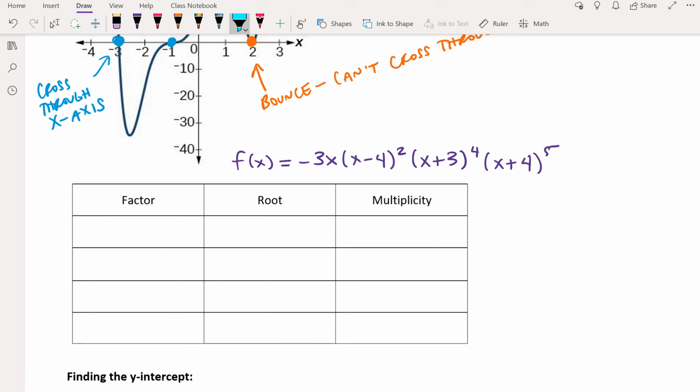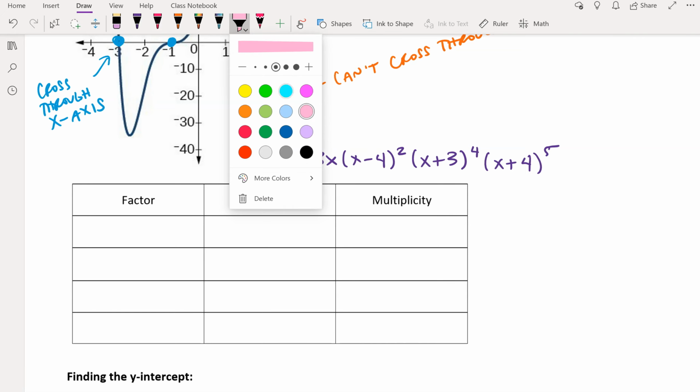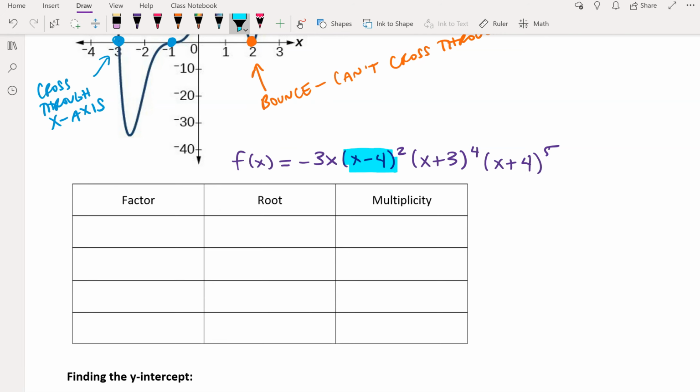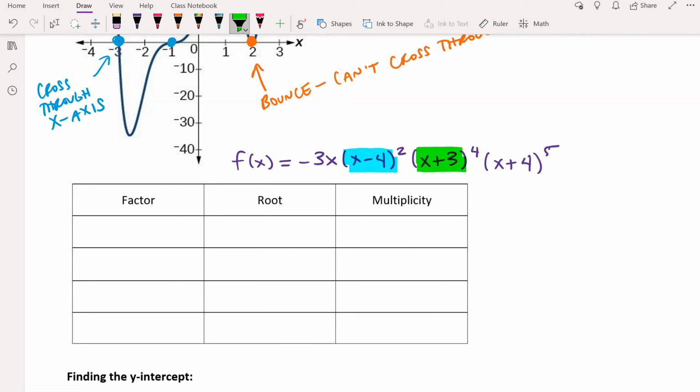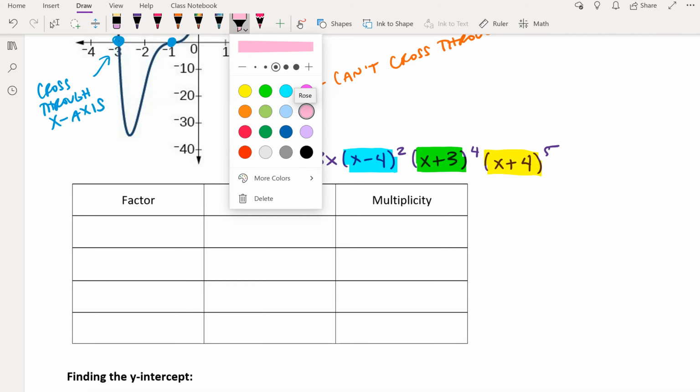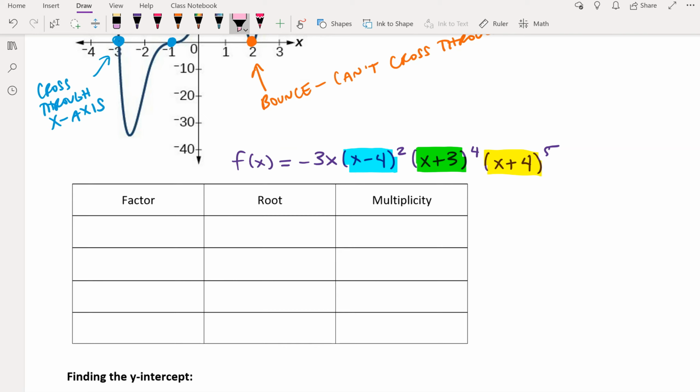All right, I see 4 factors. The obvious ones in parentheses are x minus 4, x plus 3, and x plus 4, and the last factor is actually the first factor, -3x. Let's write down the factors in this box: -3x, x minus 4, x plus 3, and x plus 4.